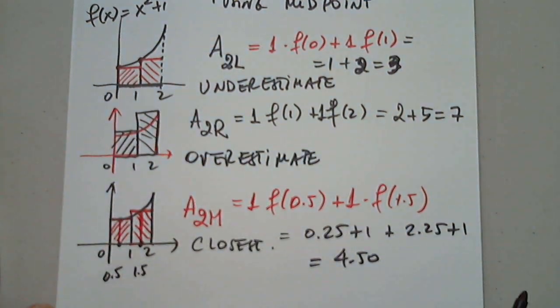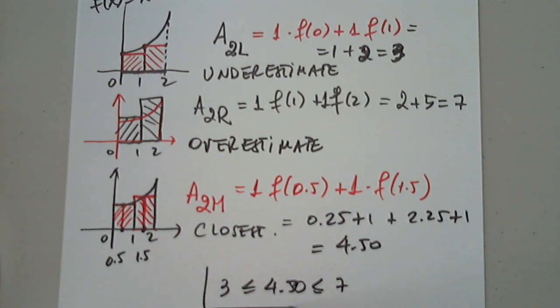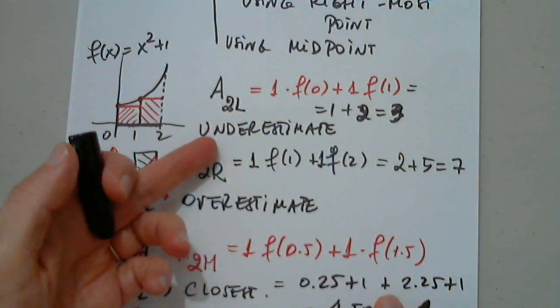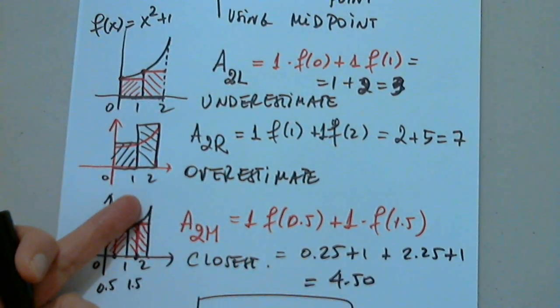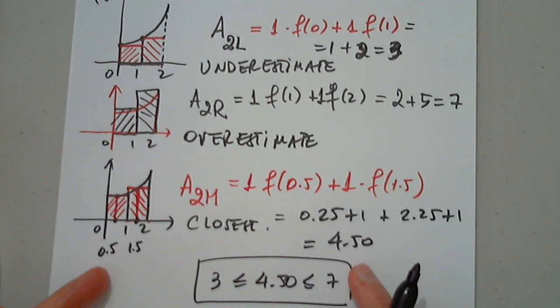I think it's 4.50. As you notice, the underestimate, the overestimate, and in the middle. Of course, none of them is exact. They're all approximations.